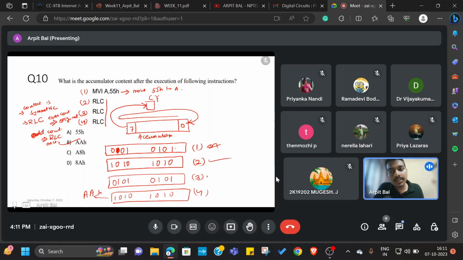So even if the RLC instruction is given 17 times, the content of the accumulator will be the same as if RLC is executed only once, right? This is a trick you can use to solve bigger problems, only if you observe that the content is symmetric.